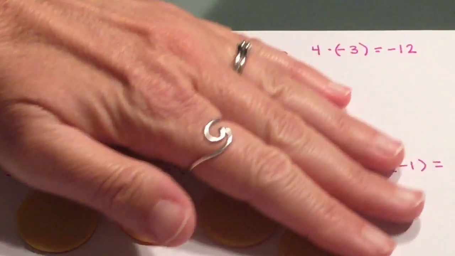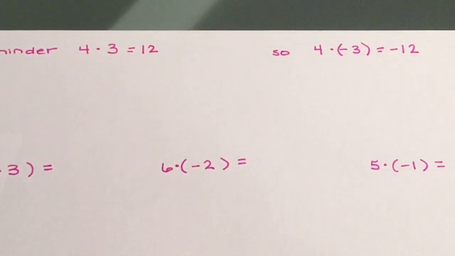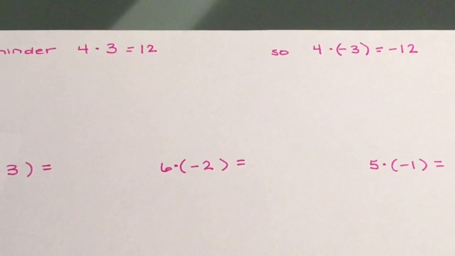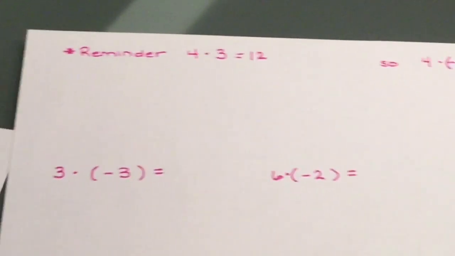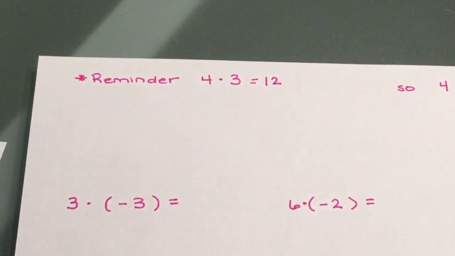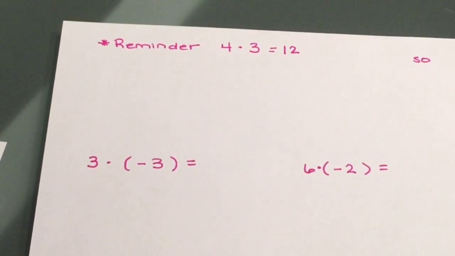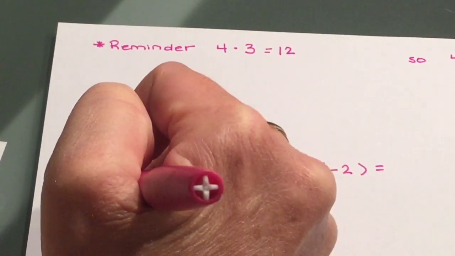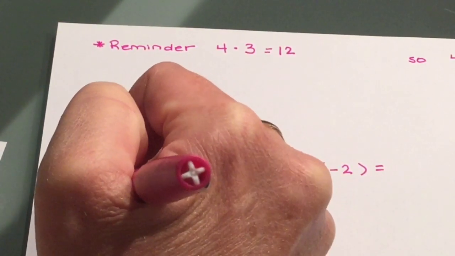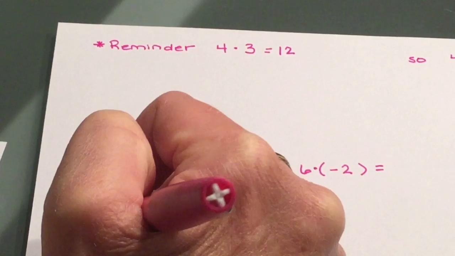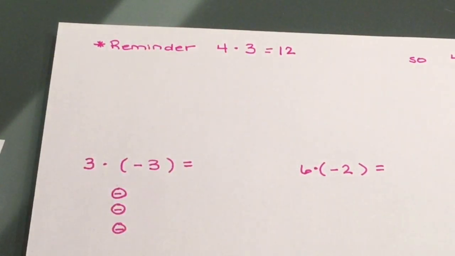Now, we're going to start looking for some patterns in this because there are some easy ways to think through this, and I'm going to show you 2 of these. Okay, so let's think about 3 times negative 3. Let's just go ahead, I'll just draw it out. If we have 3 sets of negative 3, I want 3 negatives.